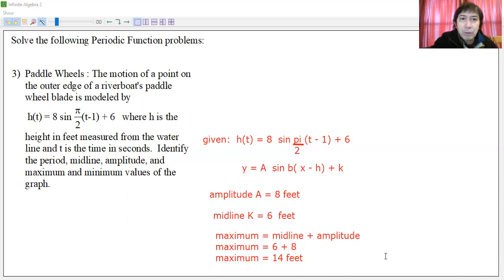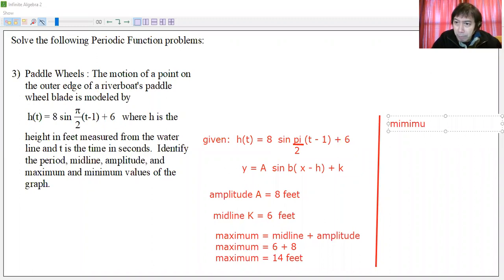Now let's continue with the minimum. Let's compute for the minimum. Minimum is equal to the midline minus amplitude.